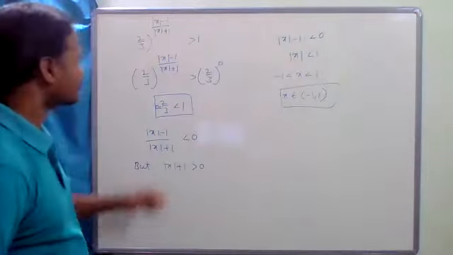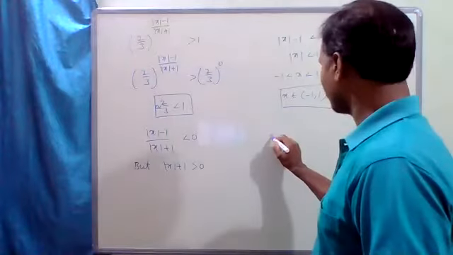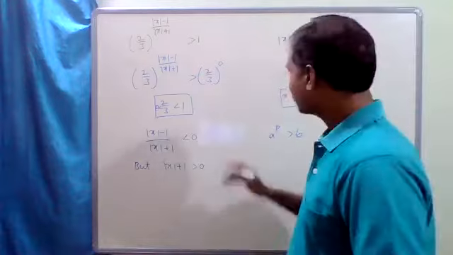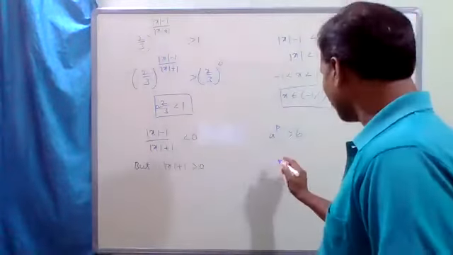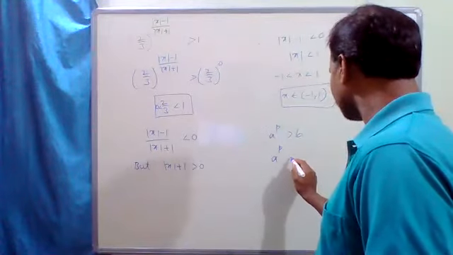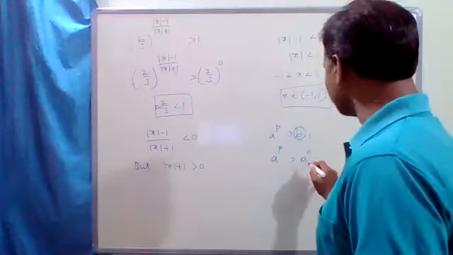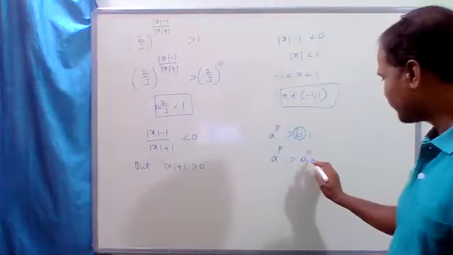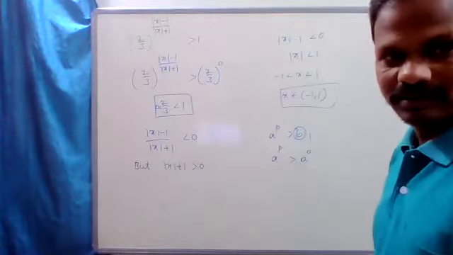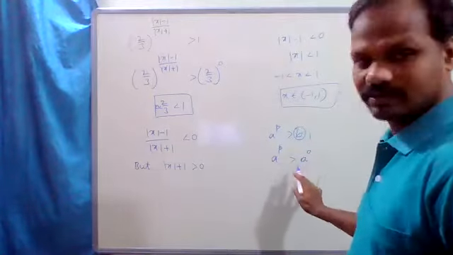Okay, Samta. See, this is of the form a^p is greater than b. In this case, a^p is greater than a^0, because here b value 1 is given. Now since bases are equal, the powers will follow the sign.